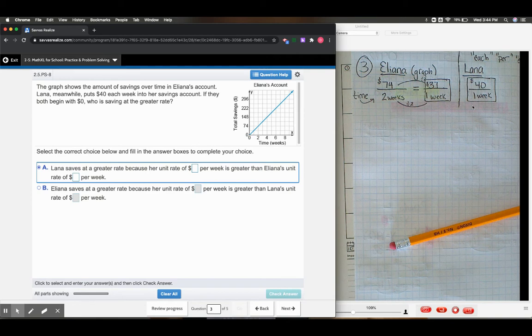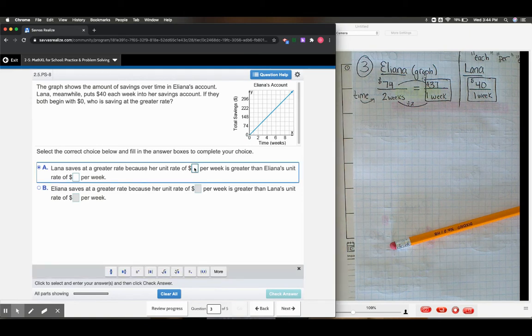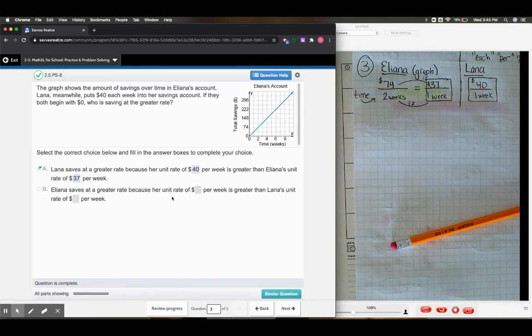Pick the right one, Mr. G. 40 is greater than 37, so Lana is saving at the greater rate, because her unit rate of $40 per week is greater than Elania's unit rate of $37 per week. We check it out. We got the good job, the green check mark. We are good to go.